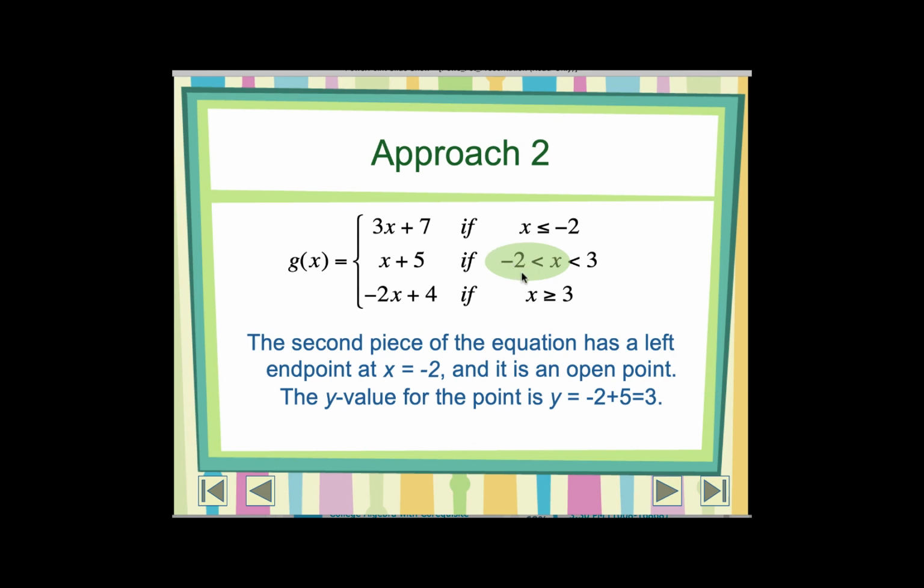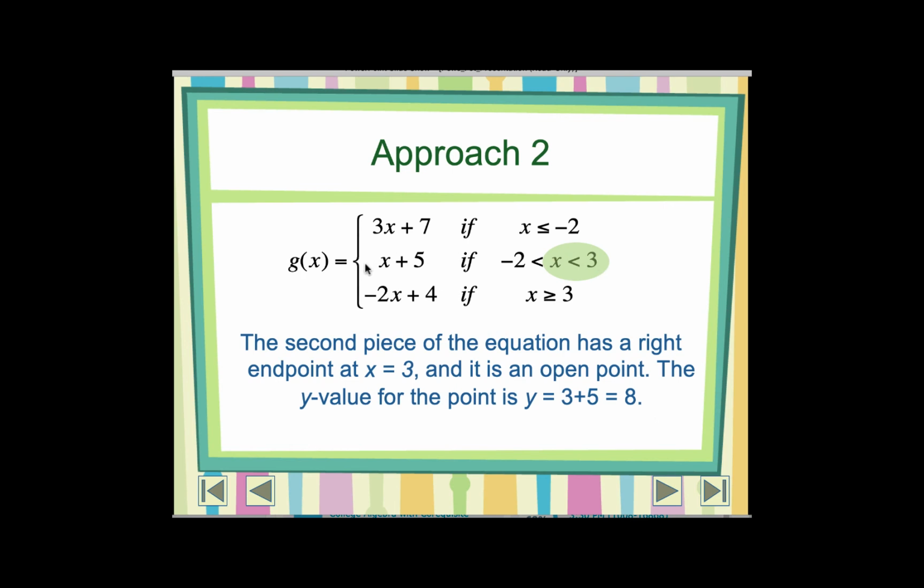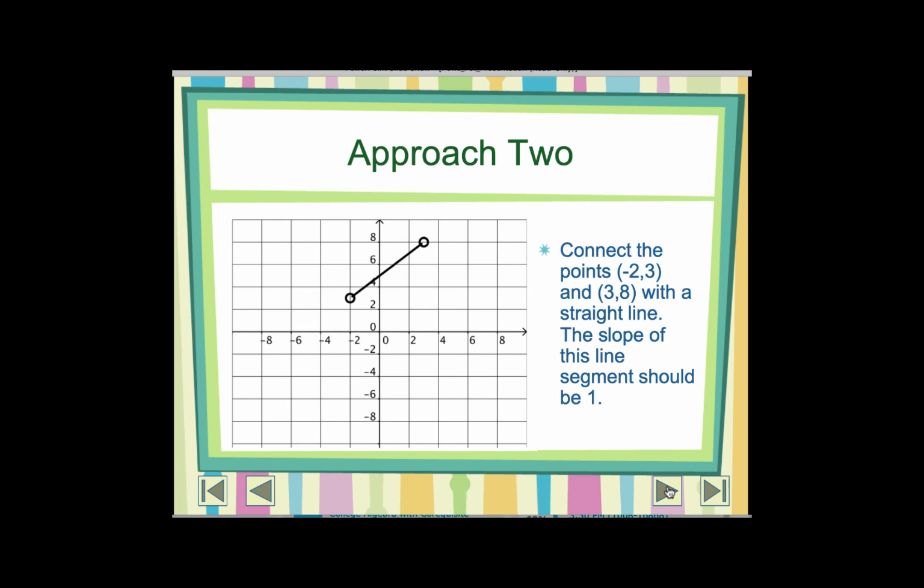So if I plug negative 2 into x plus 5, I get 3. So I have a left endpoint at negative 2, 3. If I plug 3 into x plus 5, I get 8. So I have a right endpoint at 3, 8. Remember, those were both open. And so I get this. Since we knew it was a line segment, we can just connect those two endpoints.